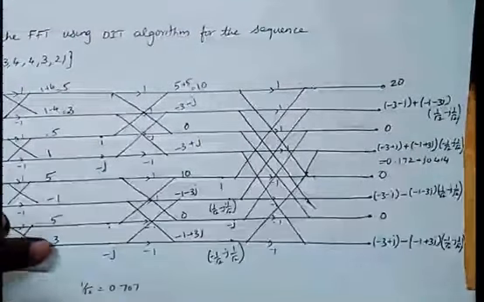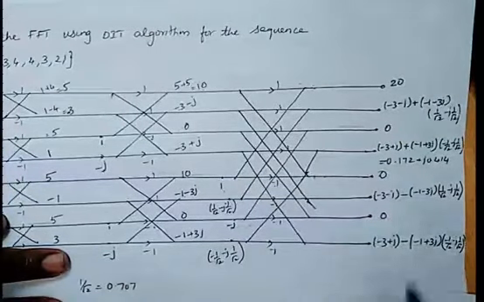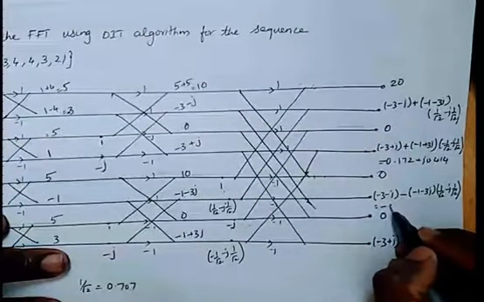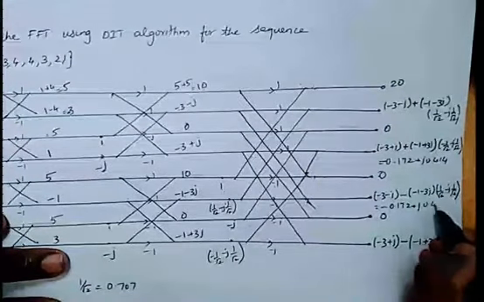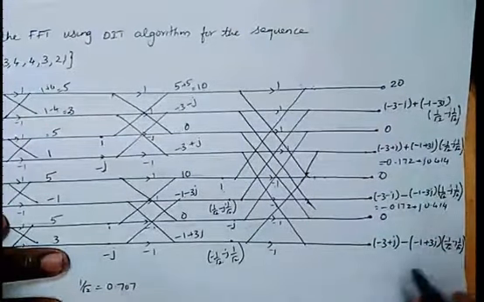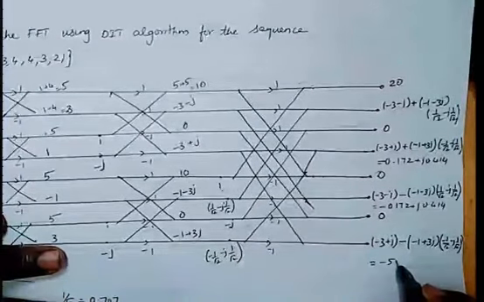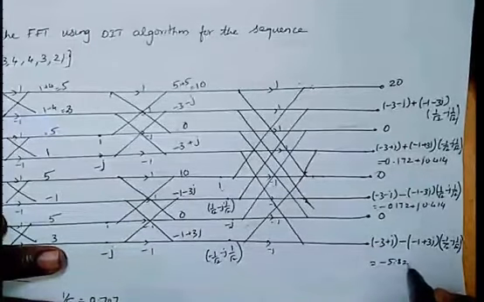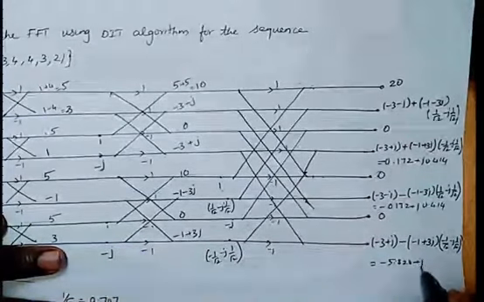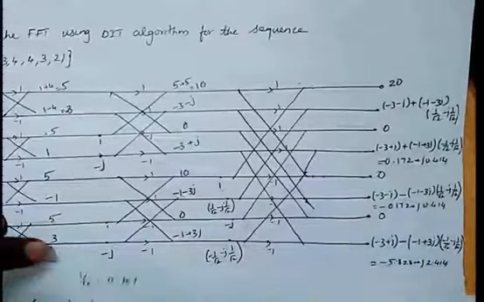This is what you'll get as the answer. Again, if you go to the last parameter, the answer that you get is minus 5.828 plus j into 2.414.